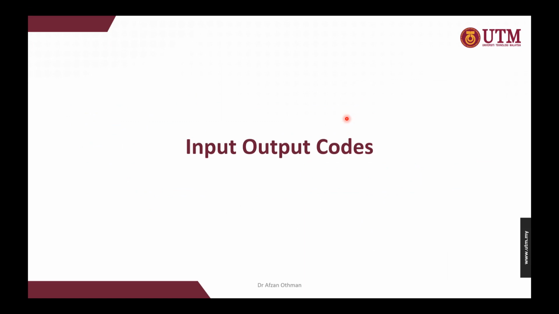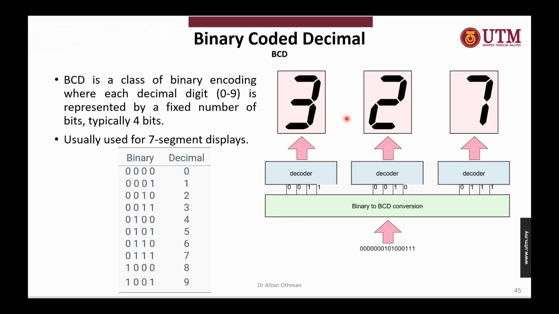Now we're going to look at what a BCD is. This is the most common one. Binary coded decimal, BCD, is a class of binary encoding where each decimal digit, from 0 to 9, is represented by a fixed number of bits, typically a 4-bit representation.